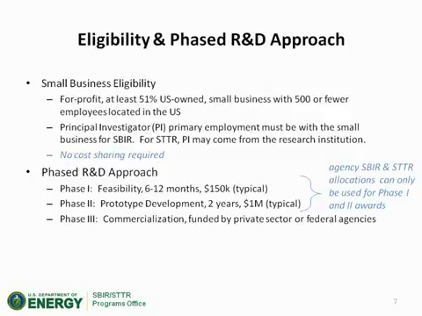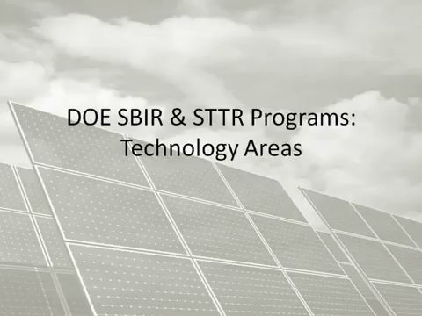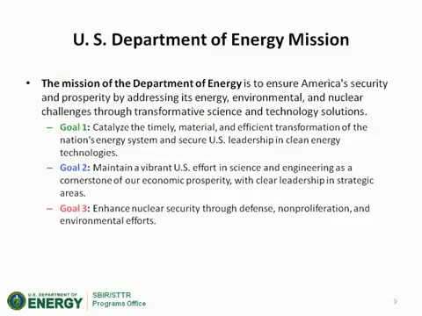Okay, next I'm going to spend a little time talking about the technology areas in the DOE SBIR program. And I'd like to start with a slide looking at the DOE mission. The DOE has really 3 main goals. I think most people will associate the R&D in our agency primarily with the first goal, and that is to transform the U.S. energy system to be a greener system with less impact on the environment.